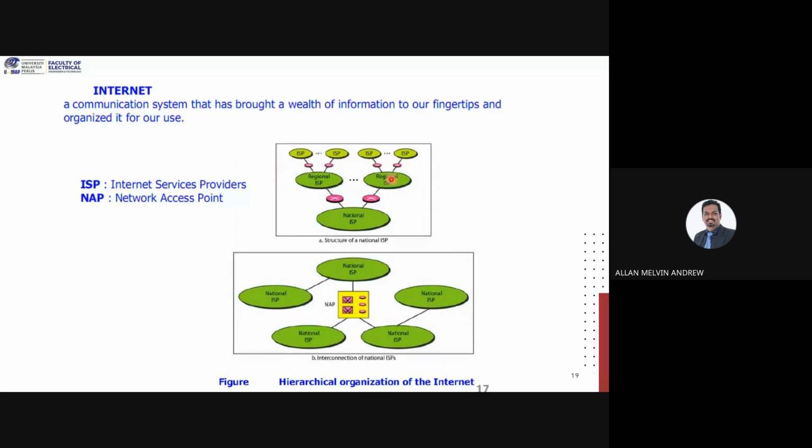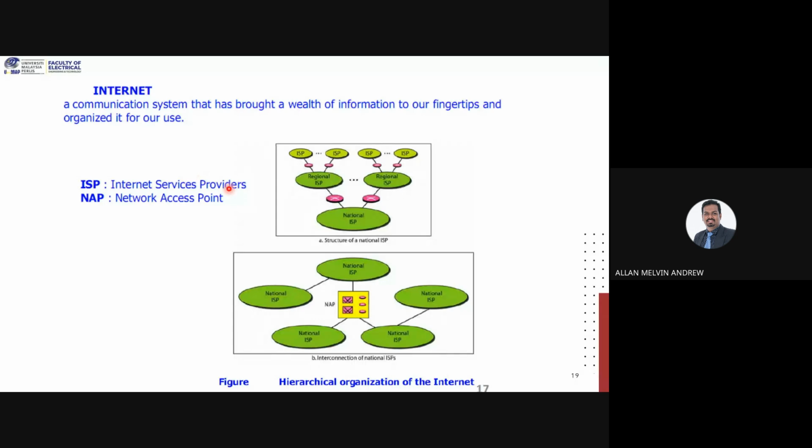Usually you'll have an ISP. If you are installing internet in the house, you always need to deal with the ISP. Let's say you are using Unifi, so Unifi Telecom TM will be your internet service provider.